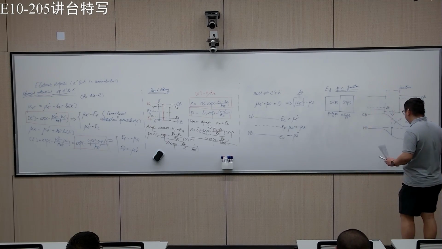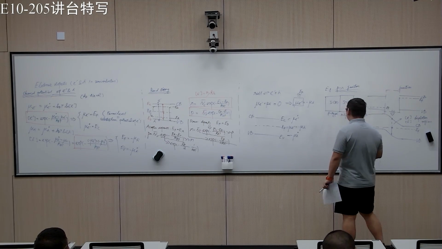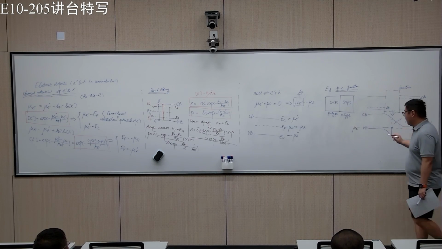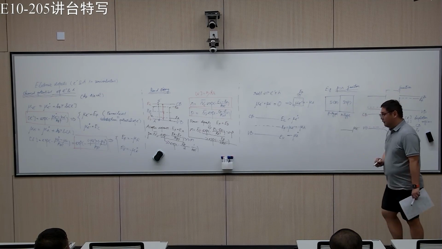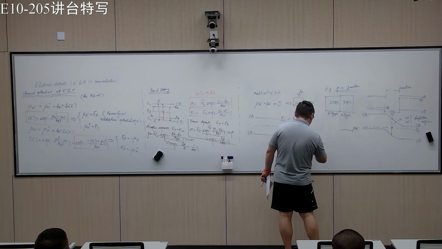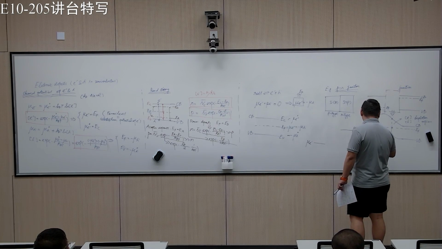Let's think of the chemical potential of electrons, basically mu_e. We know that for the n-type, mu_e should be pretty high. For the p-type, mu_e should be pretty low, because mu_e is kBT log of the electron concentration.